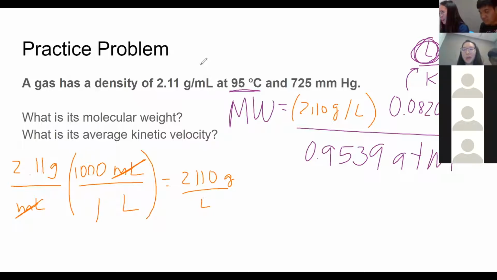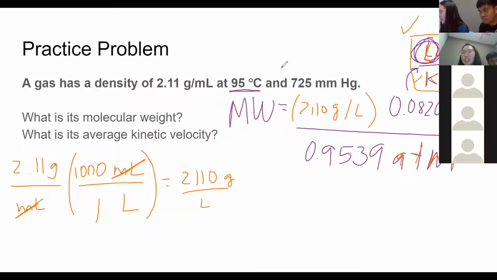All right, so now everything is in the correct units. To double check, let's check the units of the gas constant. Liters cancel out with liters, check. ATM cancels out with ATM, check. Kelvins cancel out with kelvins, check.